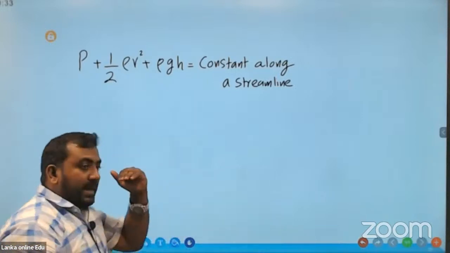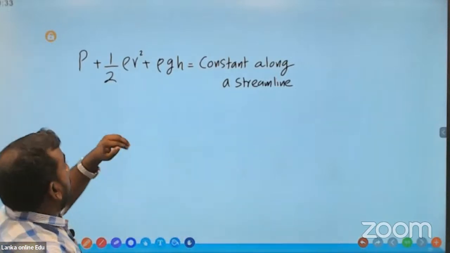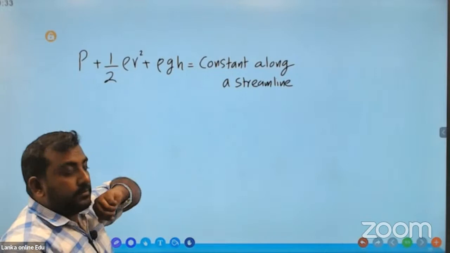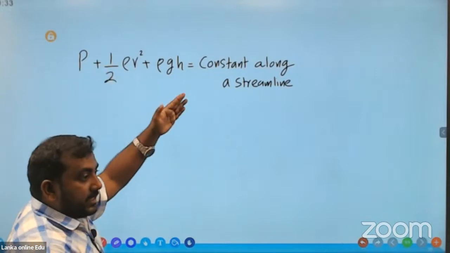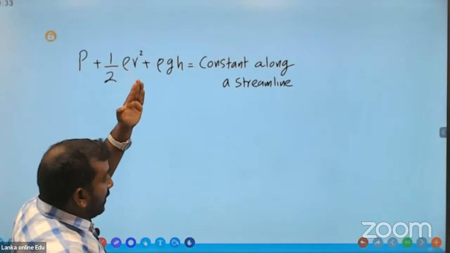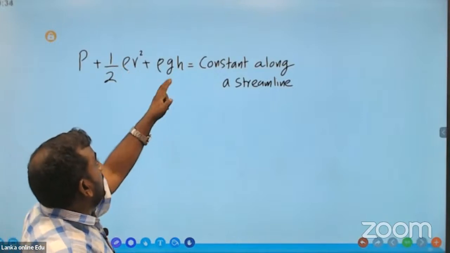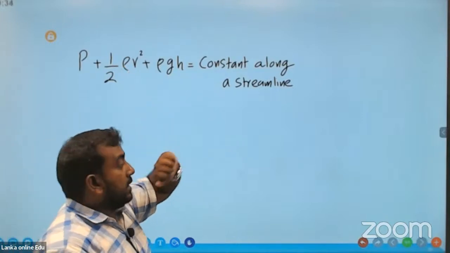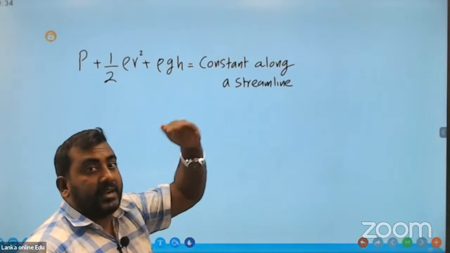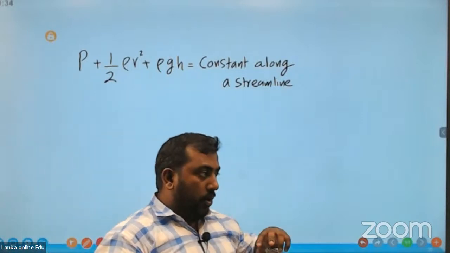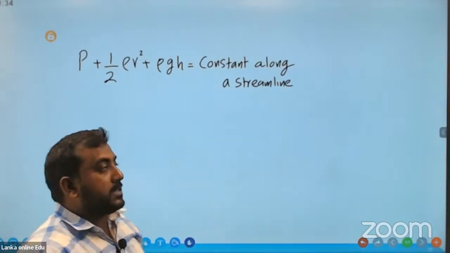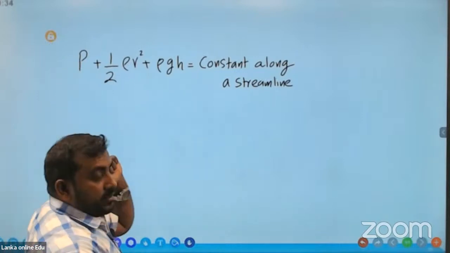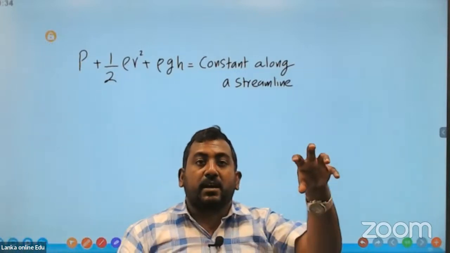Now, there are many ways to explain this. You can say P is for pressure, rho is for density, V is for velocity at that instant, G acceleration due to gravity, and H is the height from the datum. Or you can give a direct definition.